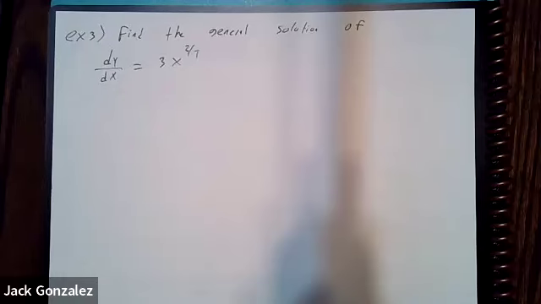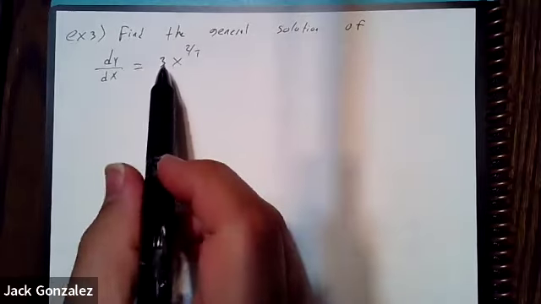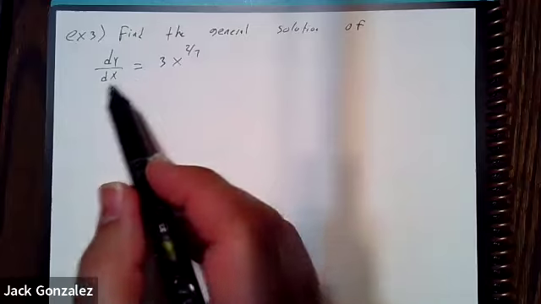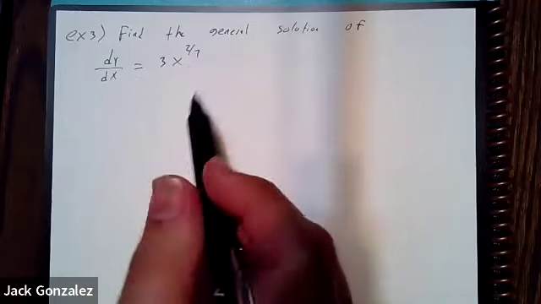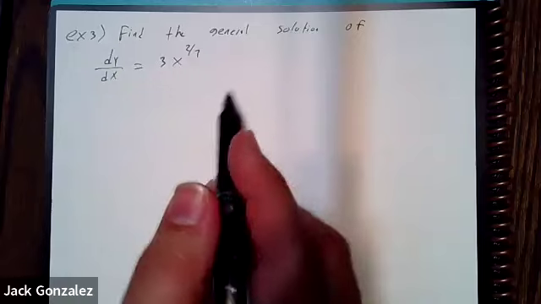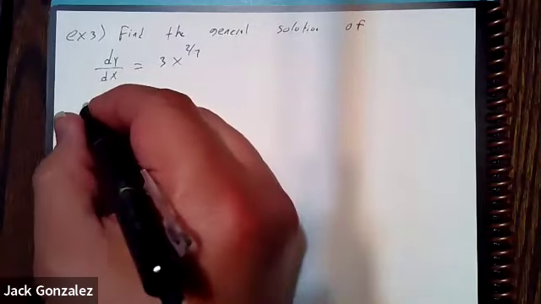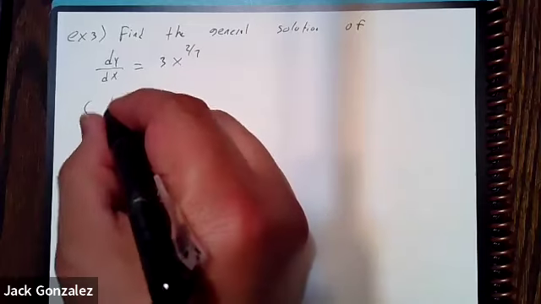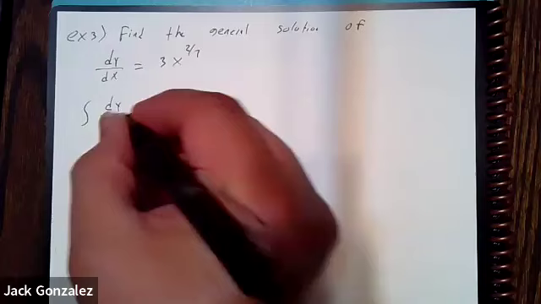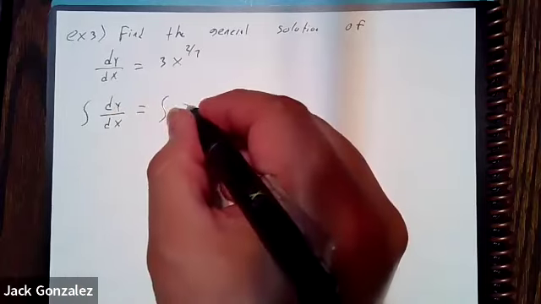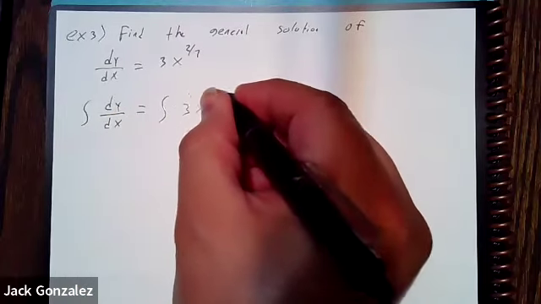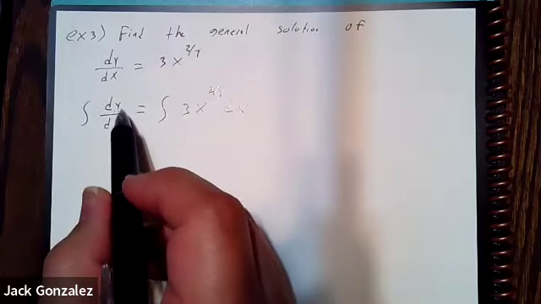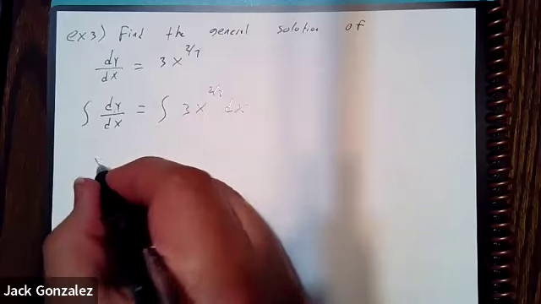So we're doing the same thing, but this is basically a differential equation, but in a very simple form. If I want the general solution, you want to integrate both sides with respect to x. So these undo each other. Undoing the derivative means you get your original function back.